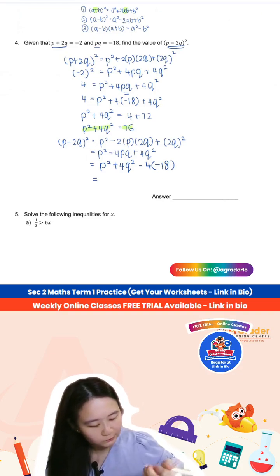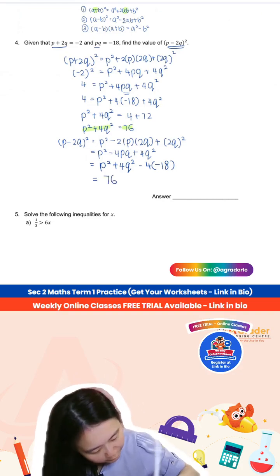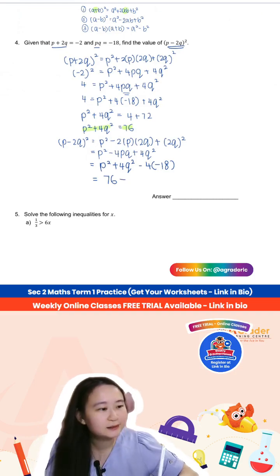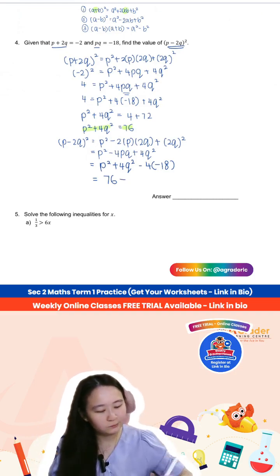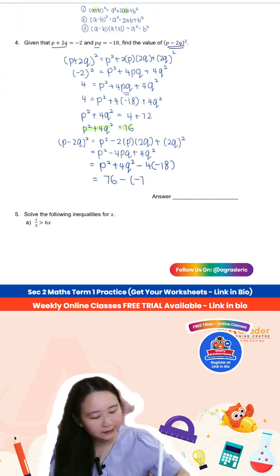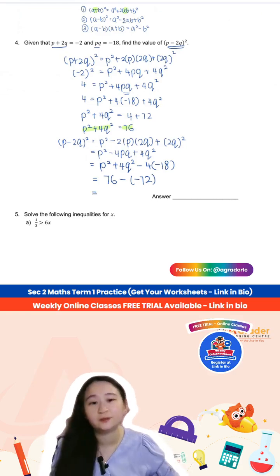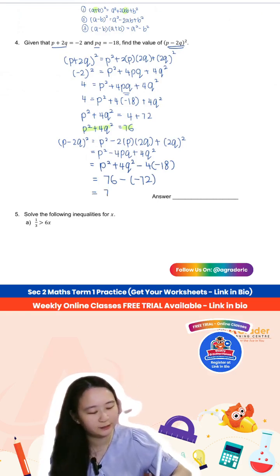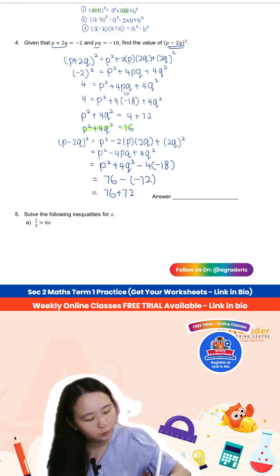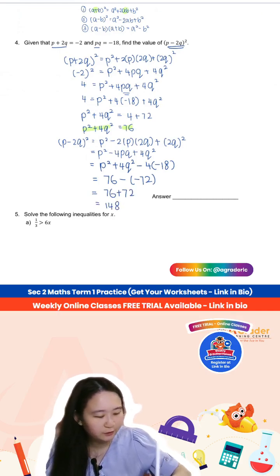So 76 minus 4 times negative 18 is negative 72. Negative times negative is positive. So we have 76 plus 72, which gives us 148.